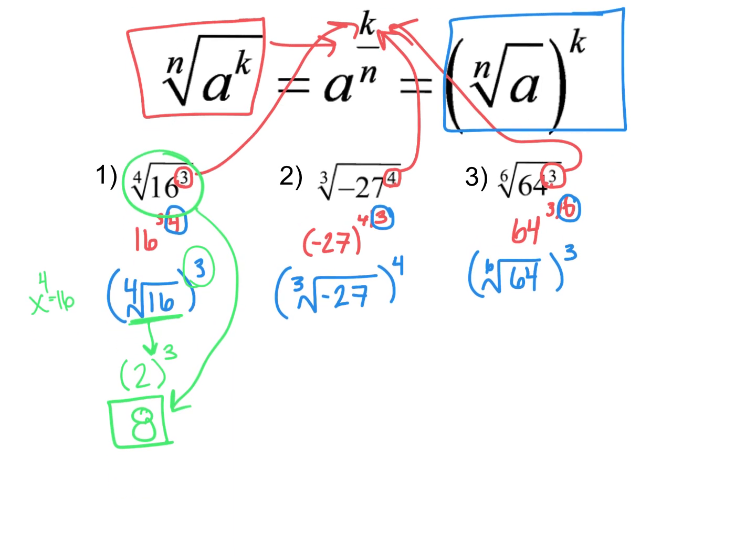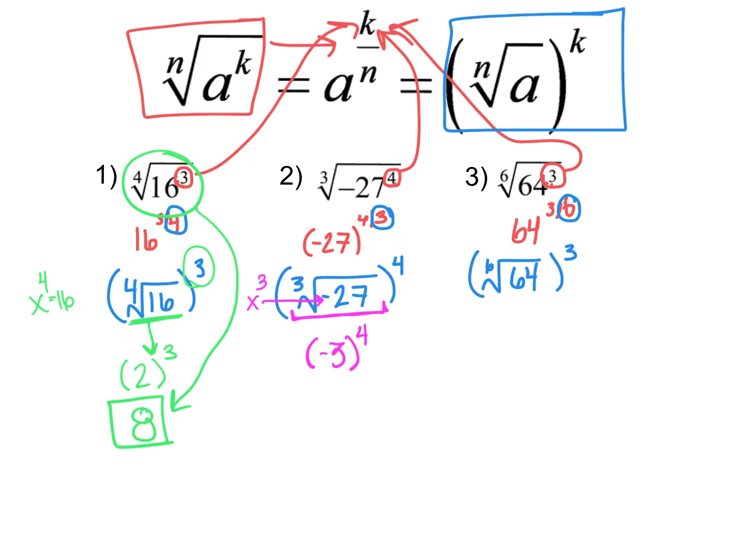Then if we continue this thought process, for this next one we start by evaluating the root on the inside. What number to the power of 3 gives us negative 27? Well, I know that that's going to be negative 3, because negative 3 times negative 3 is 9, times another negative 3 is negative 27. And then I'm going to take that to the power of 4.